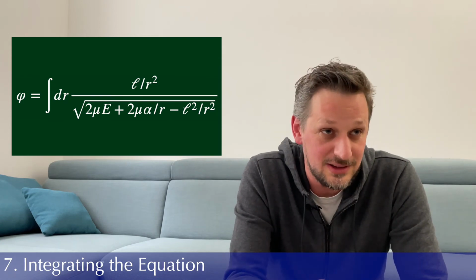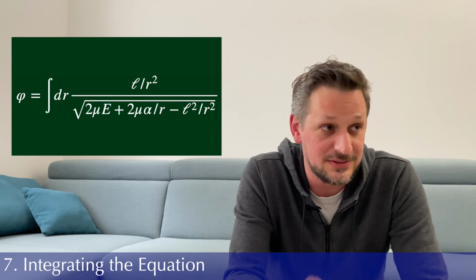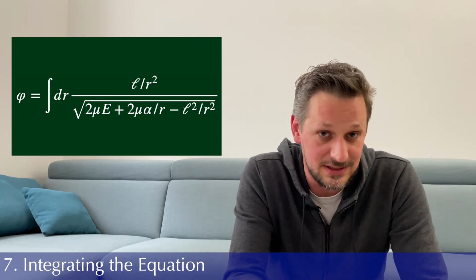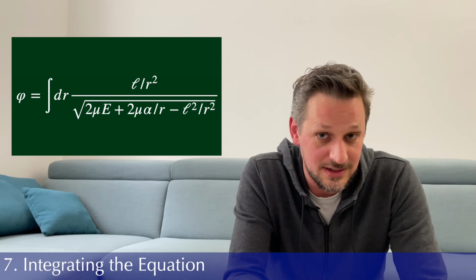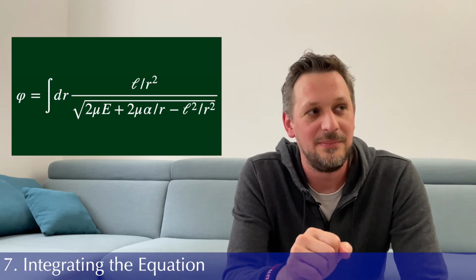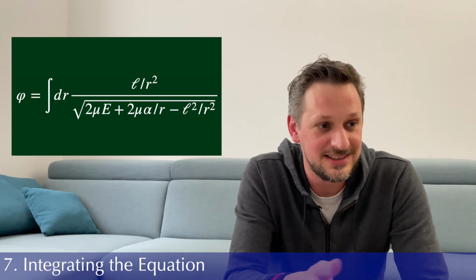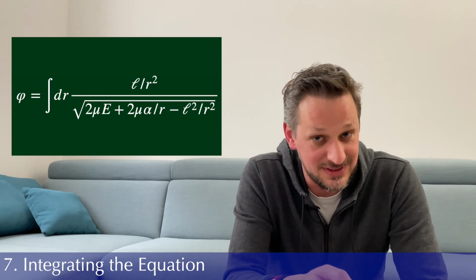This may look unpleasant at first sight, but really all you have to do is substitute a new variable for 1 over r and then complete the square under the root and you've got a really basic integral. If you're not super familiar with integration and mathematical manipulations, this may sound like a lot, but it's really some fundamental stuff.